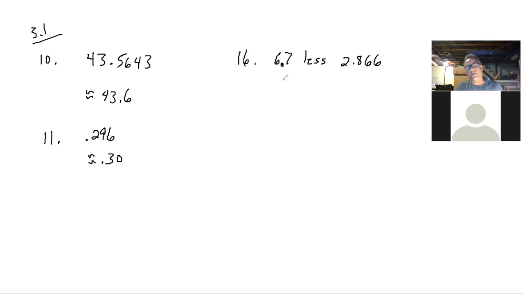So if I have 6.7, then I would front end round this to 7.0. If this had been 6.2, I would have front end rounded to 6.0. All right. So this is the front end round.